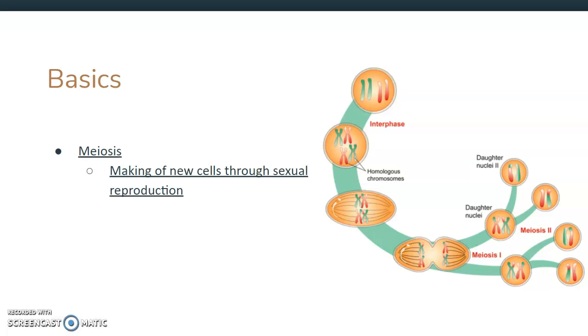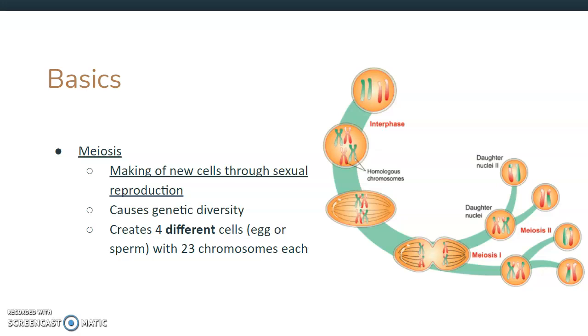So our basic definition: meiosis is the making of new cells through sexual reproduction. This also causes genetic diversity, and we create 4 different cells. They are called either egg or sperm cells, and they each have 23 chromosomes.